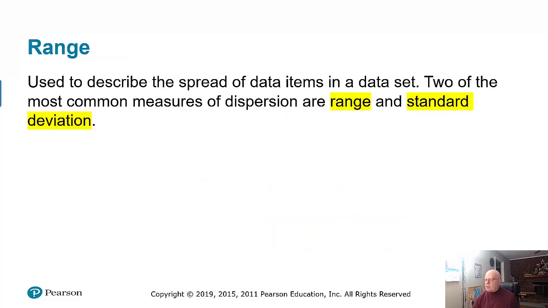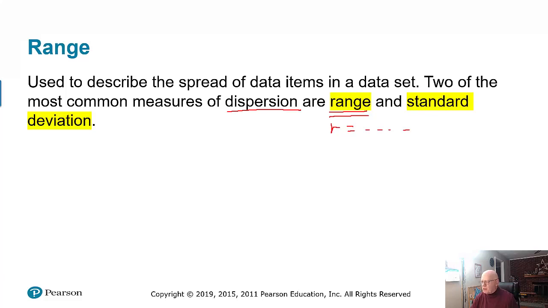So let's start with the range. The range is really easy. Both these are measures of dispersion. This is so easy to do. It's even easier than using a calculator almost, although you would probably use a calculator for the range and find that out.